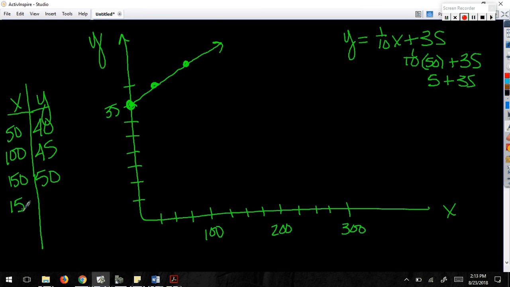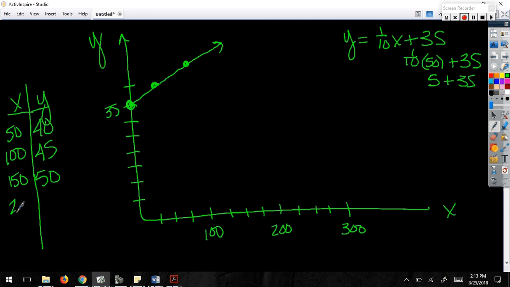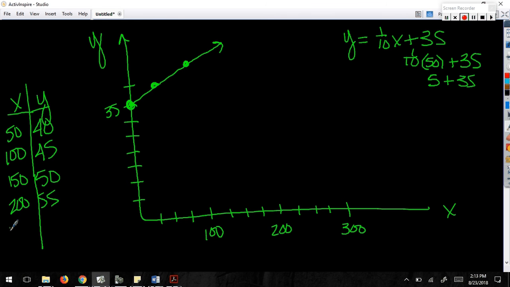At 200, 55. At 250, 60. Were you confused? Where are you confused? Do you see how we came up with this original equation? You sure?